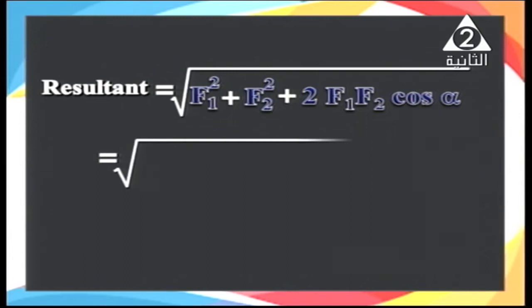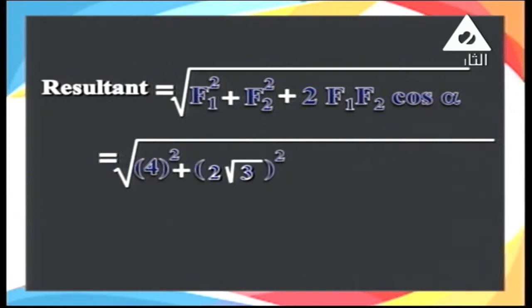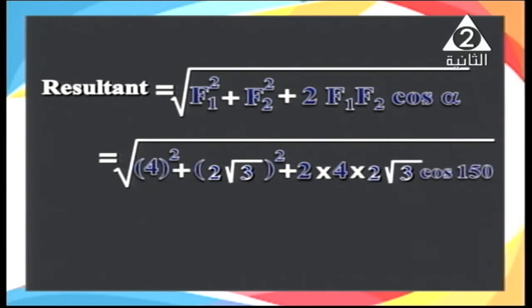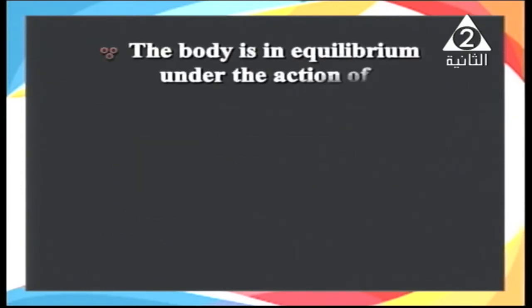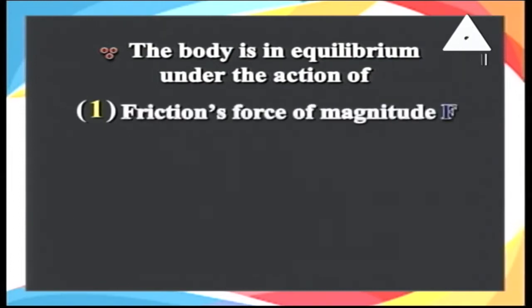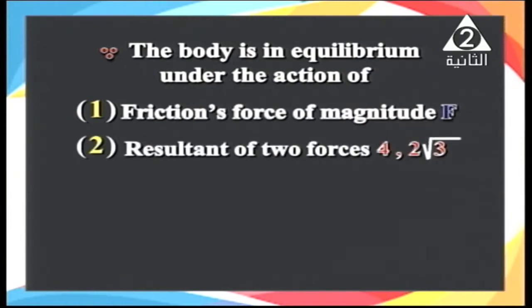By substitution, F1 equals 4 and F2 equals 2√3, we find the resultant of the two forces, with the angle between them 150 degrees, equals what? 2 newtons. Then, my dear student, we know that the body is in equilibrium under the action of: number 1, the friction force of magnitude F, and number 2, the resultant of the two forces 4 and 2√3 newtons, which is 2.